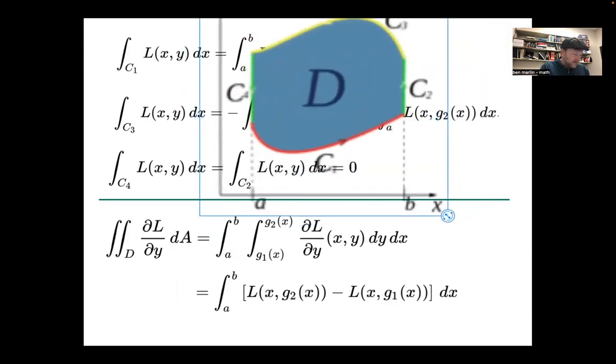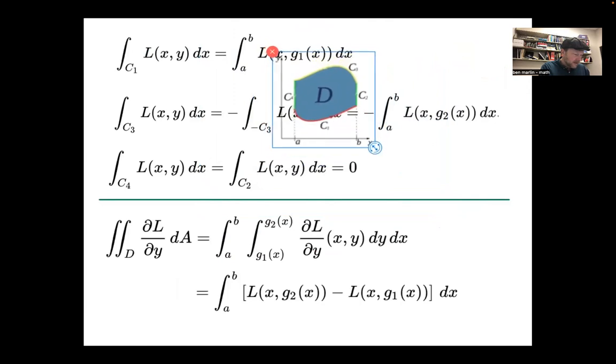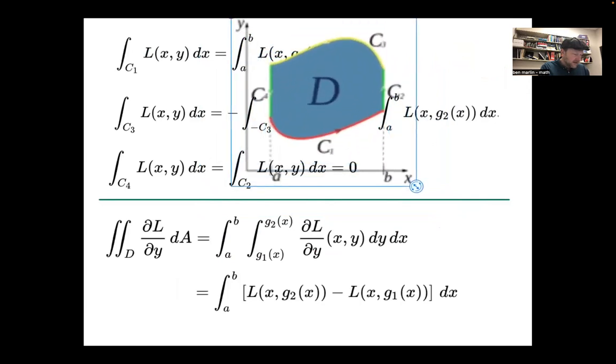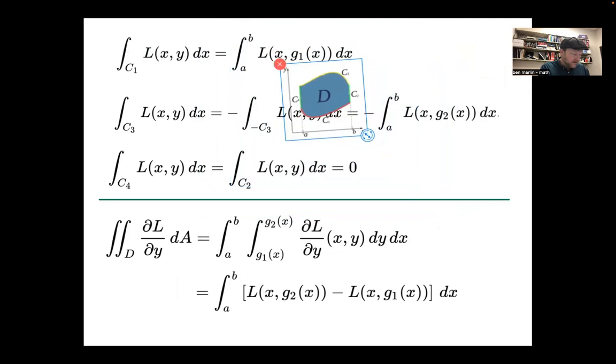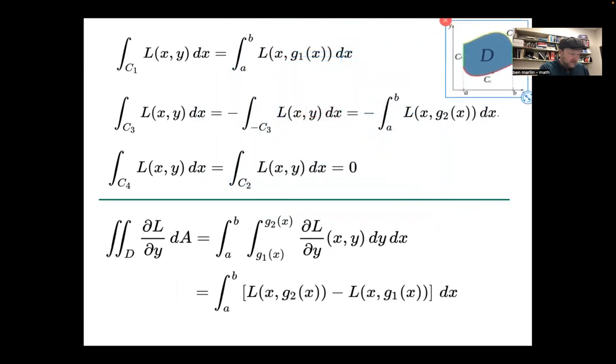This is that diagram from before. So just keep track on this that the C1 and the C3 are the top and bottom curves, and the C2 and the C4 are the left and right curves. Okay. I'm just going to shove that over here in the corner.